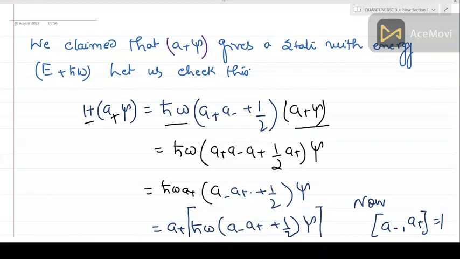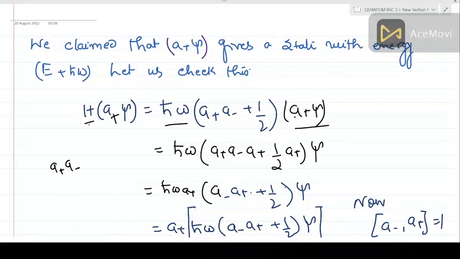Now you have to be very careful regarding the order, because these are operators.